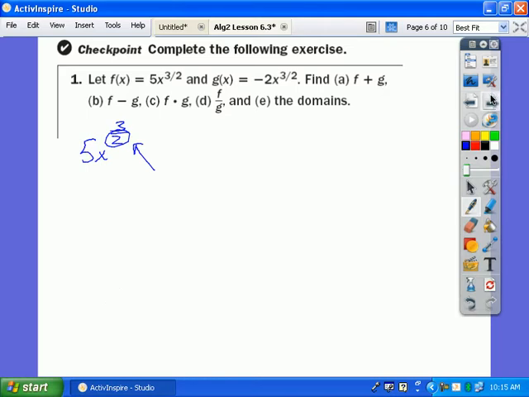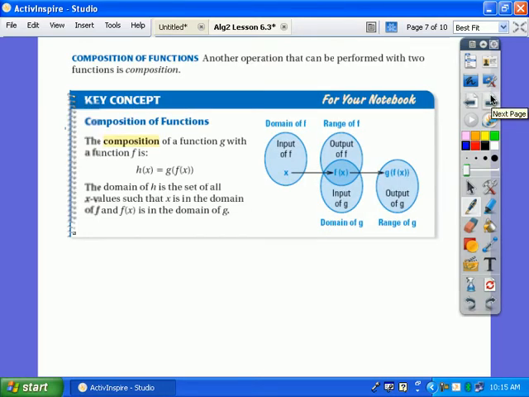Okay. So let's build on now, and this is the main emphasis, the new part of the section, and this is about composition of functions. The idea is that I have some input, and I take it into function f. And I take that input, and I get some output.